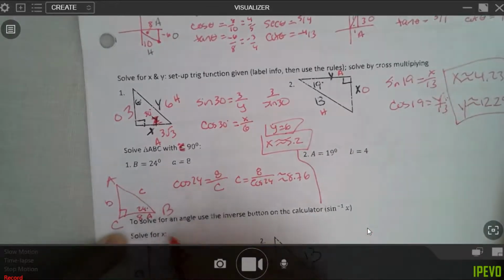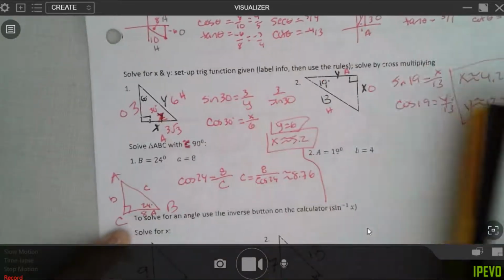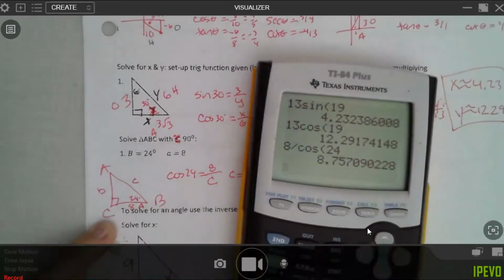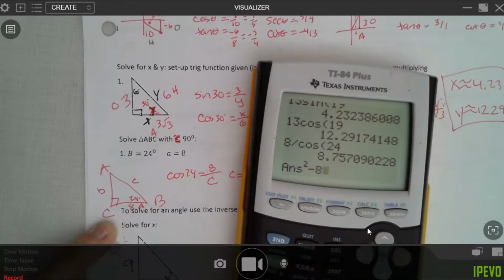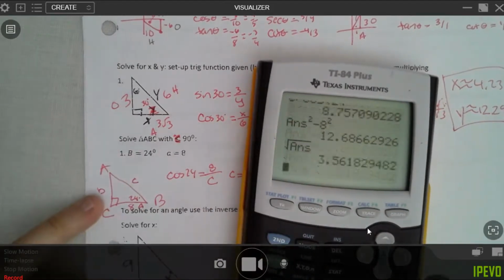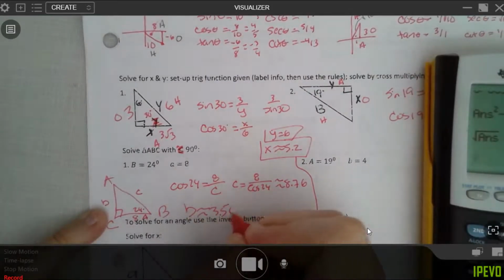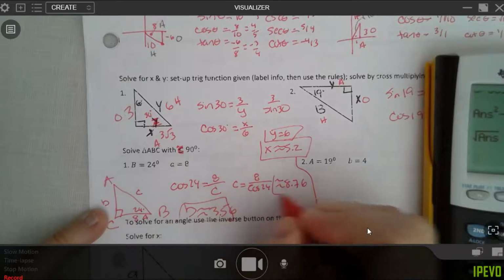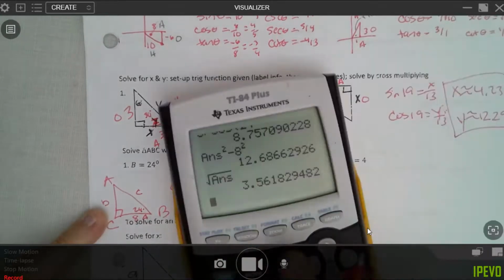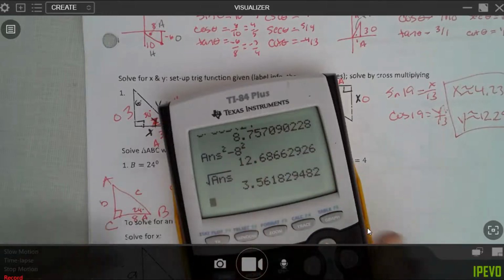Then you could use the Pythagorean theorem from here. If I use this number, I could do C squared minus A squared, and then square root that number. That could also give me the answer. So little b is about 3.56. But make sure if you're going to do it this way that you use the entire number like I did. I didn't use 8.7. I used the entire number squared.